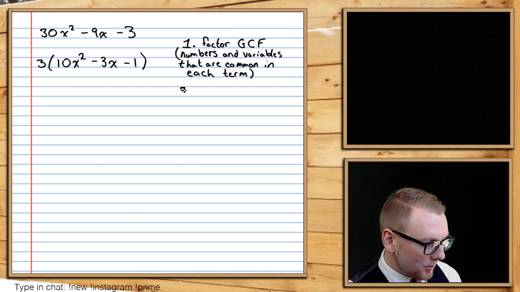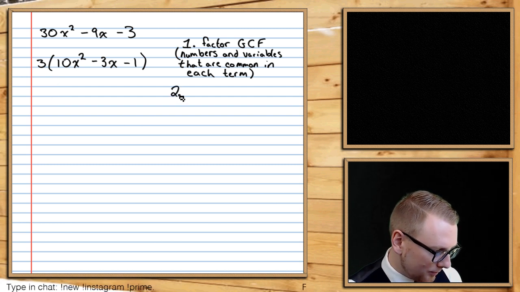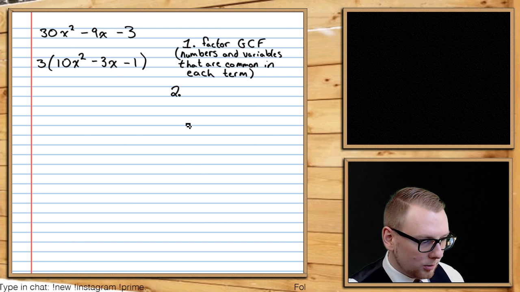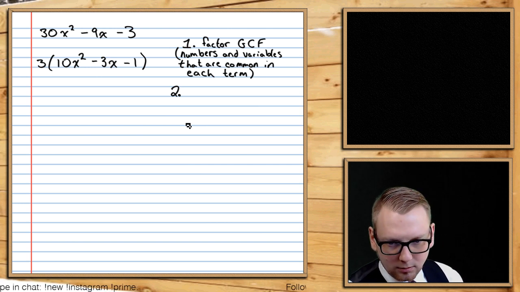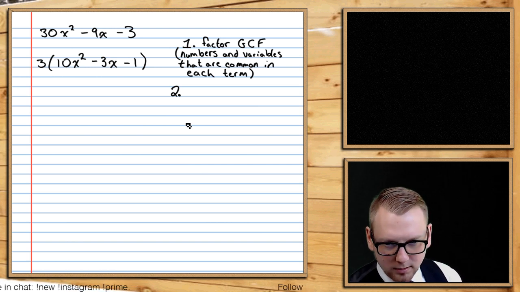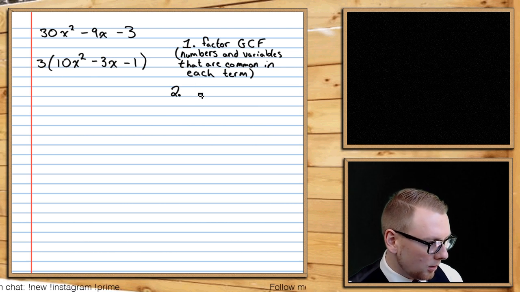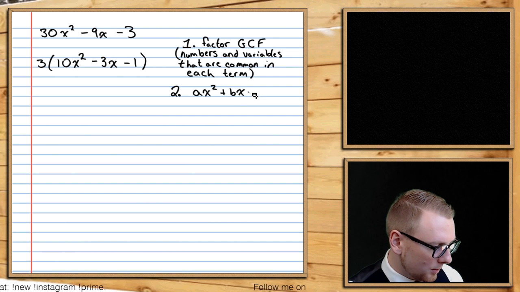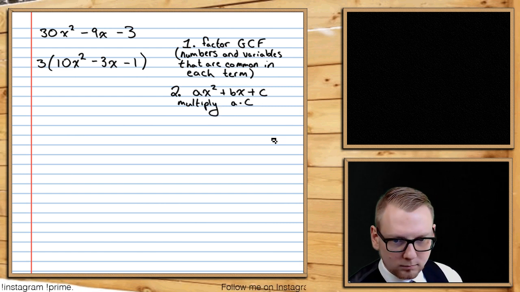Okay. The second step, I'm gonna write the equation in general so that I can actually write out the step a little easier for you. So in general, we have ax squared plus bx plus c. Multiply a times c.